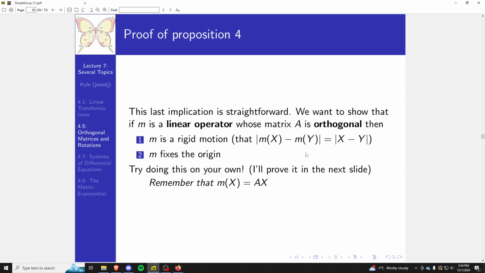Yes. If it's a linear operator, then it is linear, which is really important.